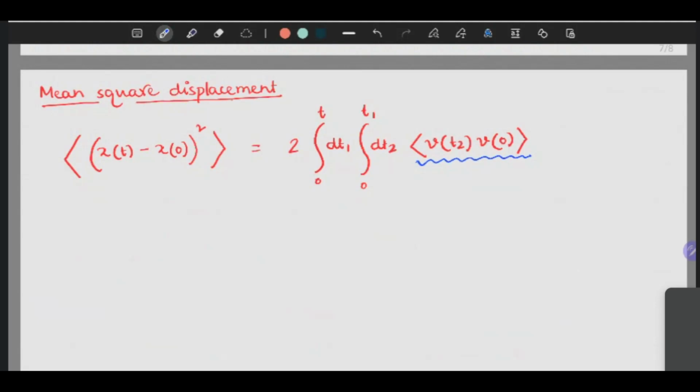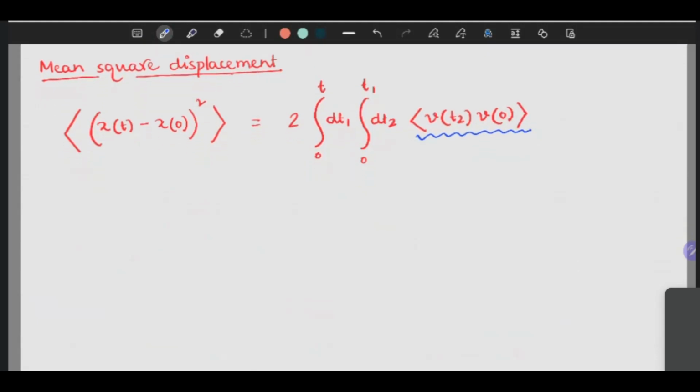Now to get that, first we will use certain assumptions. What are those assumptions? We will assume that the velocity correlation time is negligibly small in the time scale under consideration, where we want to measure it.